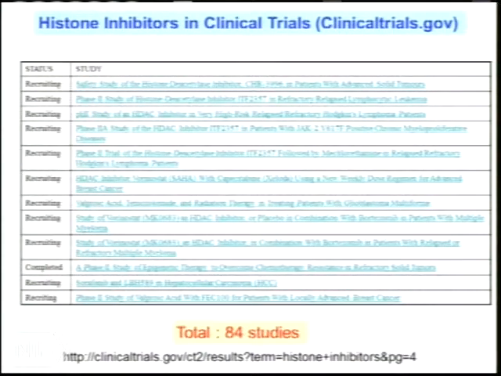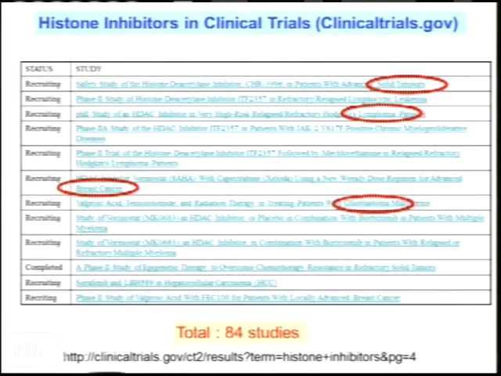In this, histone inhibitors were used, and I have mentioned this website: if you type cancer.gov, or you are at the NCI website, and go under clinical trials, and put in histone inhibitors or methylation inhibitors, you will see how many trials are going on. And these are not only for solid tumors, but for different kinds like lymphoma, breast cancer, or glioblastoma.